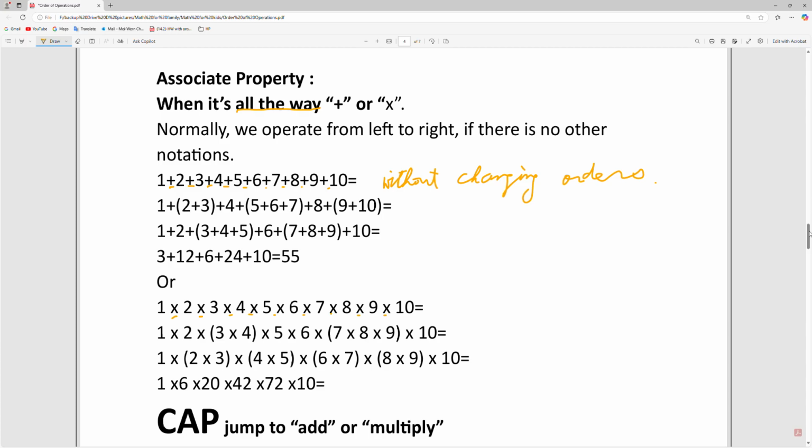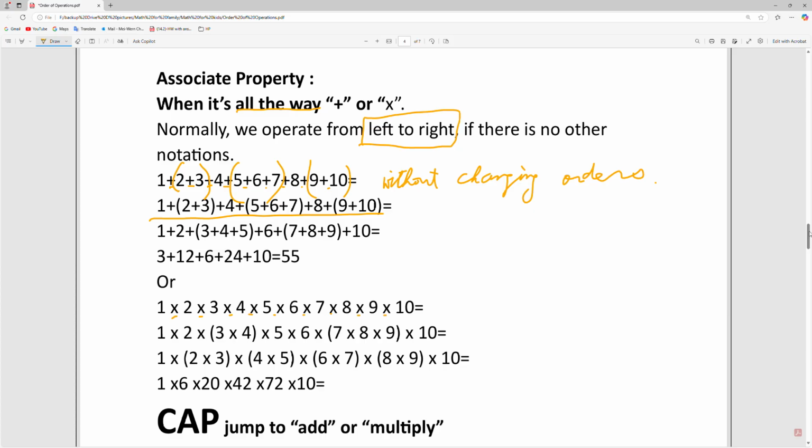Usually, we operate from left to right. But can we do it a little bit differently? Can I add these two first, then these three first, and then these two first? Yes, you can do that.